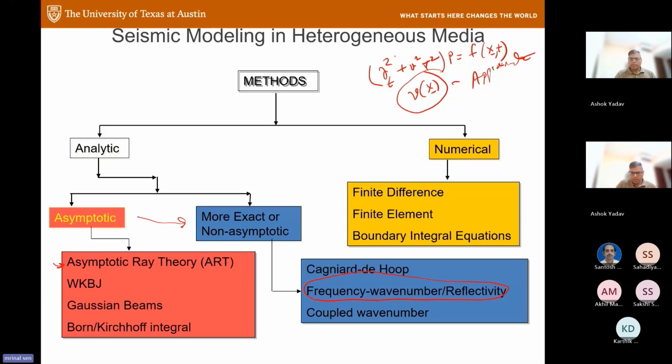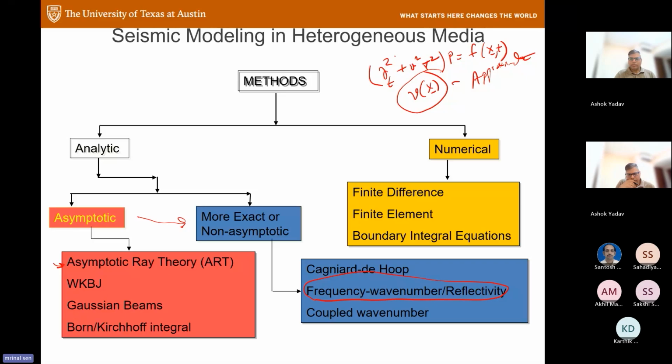So to get an analytic solution, you have to either get an approximate solution or you have to approximate the medium, or assume a simpler model. In the asymptotic solutions I showed you here, the medium can be complex. It can be laterally heterogeneous, of whatever heterogeneity you want, but then you can get a high frequency solution like ray theory.